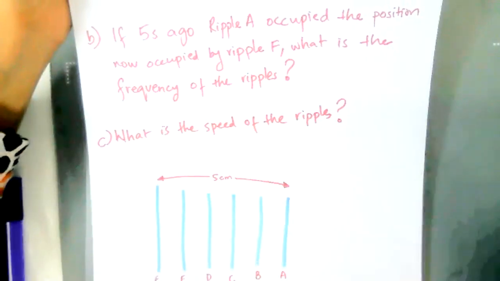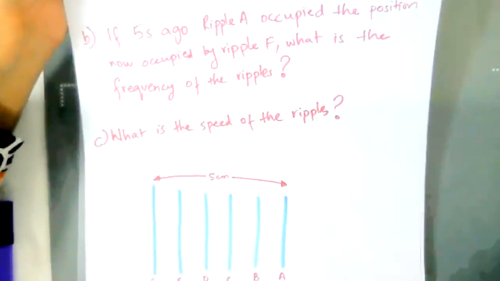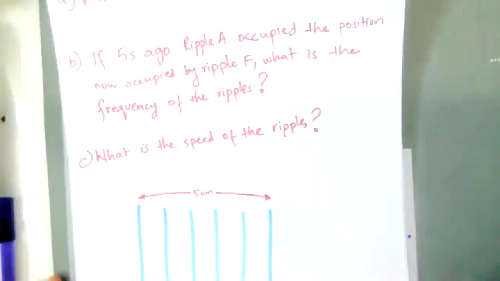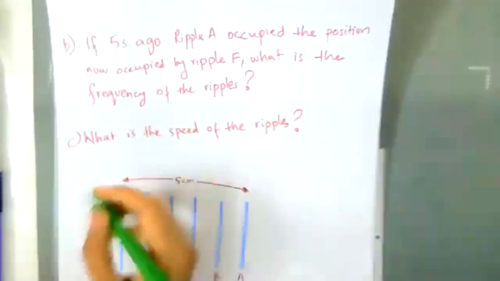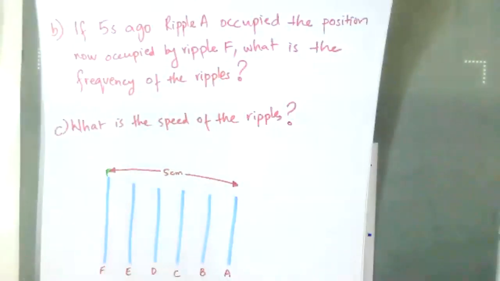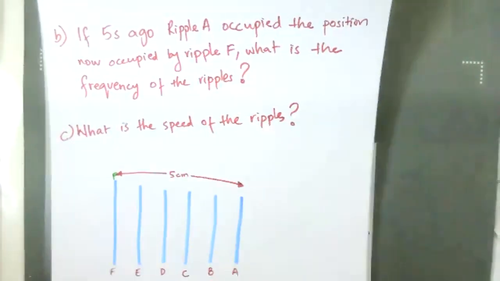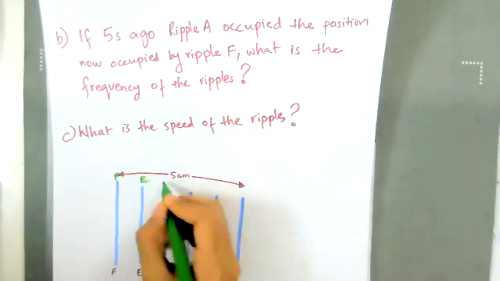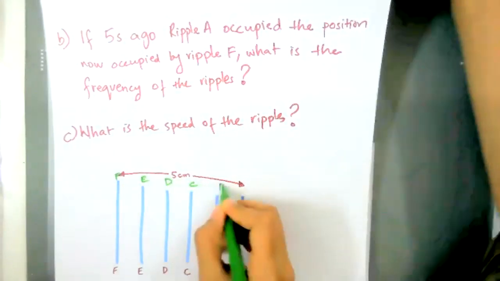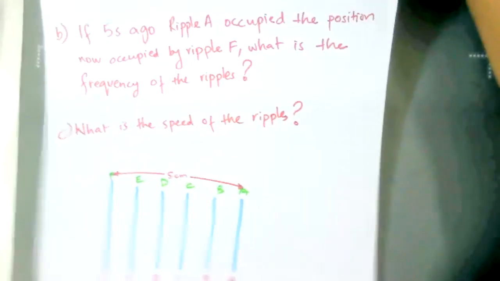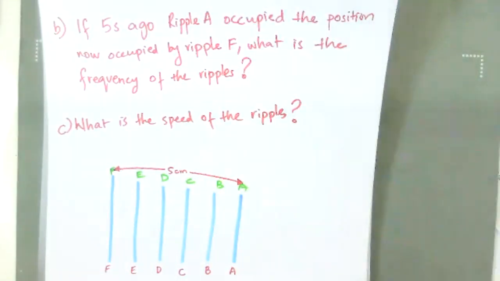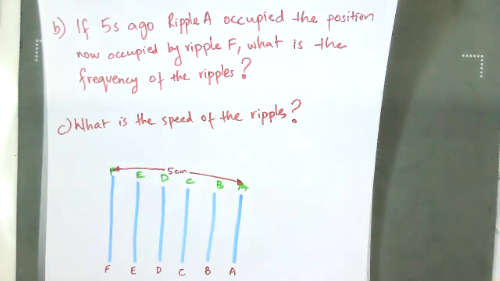I can label them here. Yes, so who wants to answer this question? If 5 seconds ago ripple A occupied the position now occupied by ripple F, what is the frequency of the ripple? And keep in mind, wavelength is 1 centimeter.